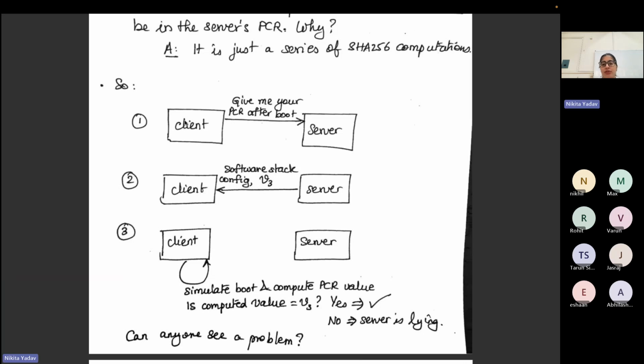The client tells the server, give me the PCR value after the boot has happened. The server starts its software stack, and then it passes the software stack config and the value v3. Now this value v3, what we discussed, is the value which would be computed in the PCR if the software stack is computed correctly, with the correct binaries used.